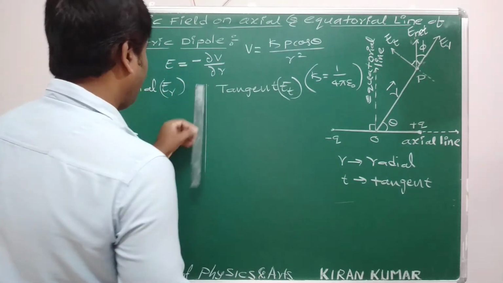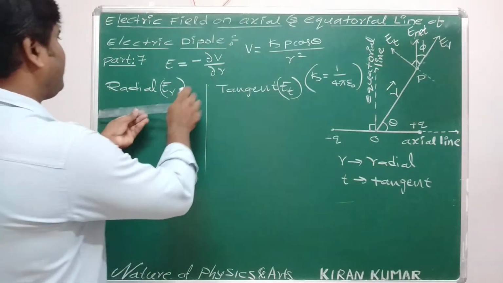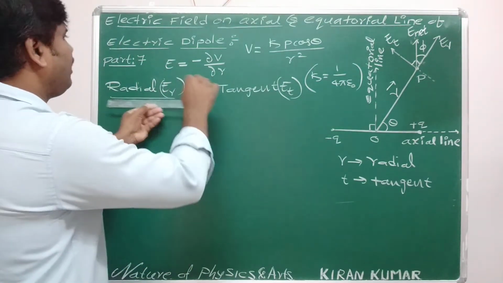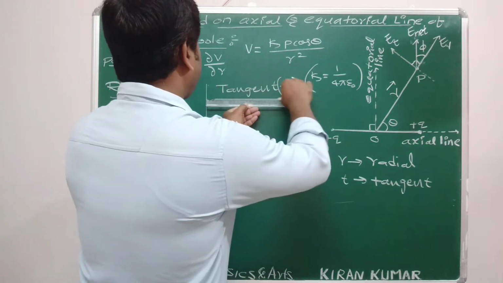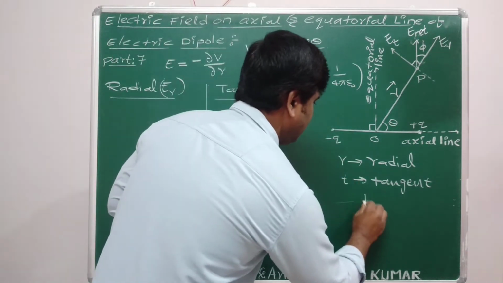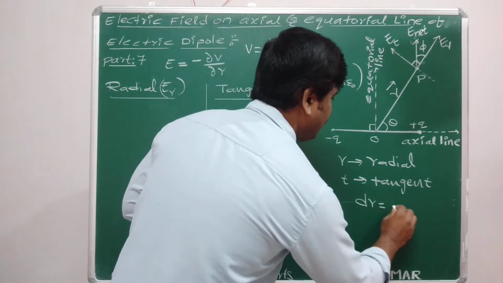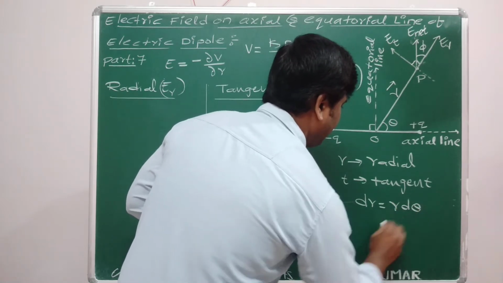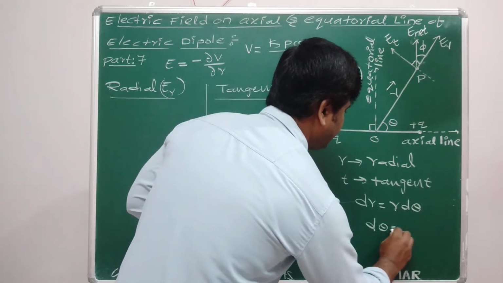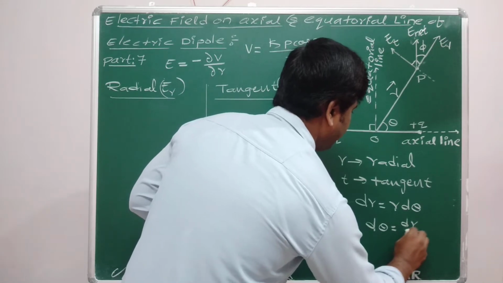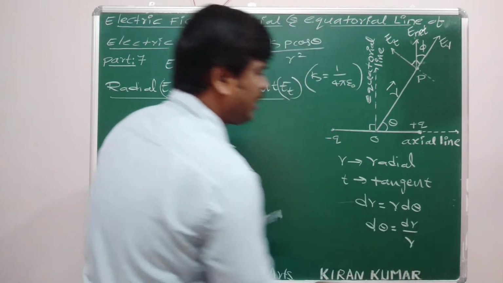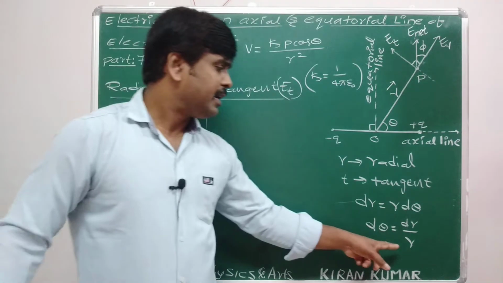Now we know a well-known formula, that is dr which is equal to r into d theta. This is from d theta which is equal to dr divided by r, that is arc length divided by radius vector.